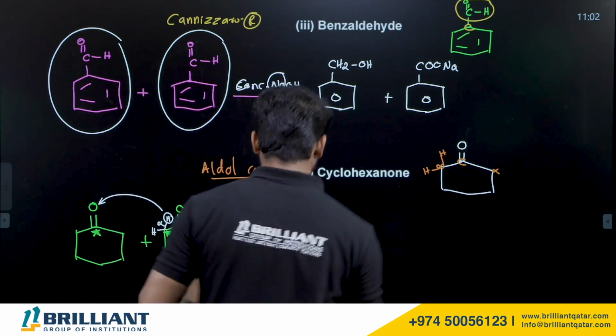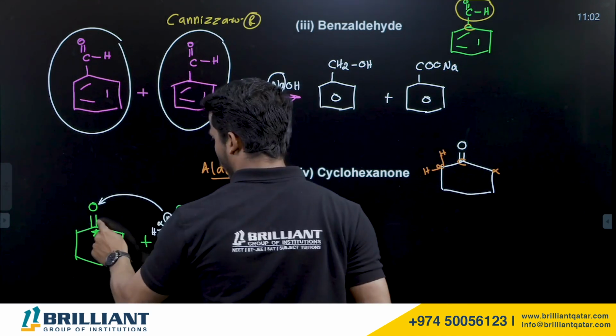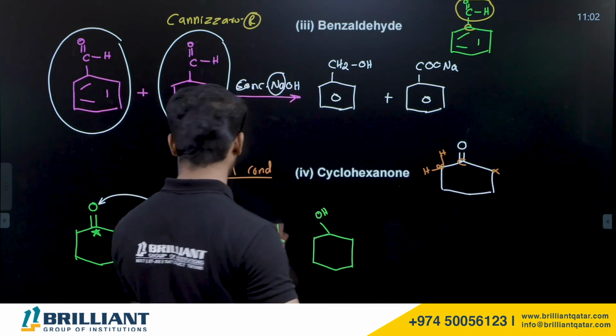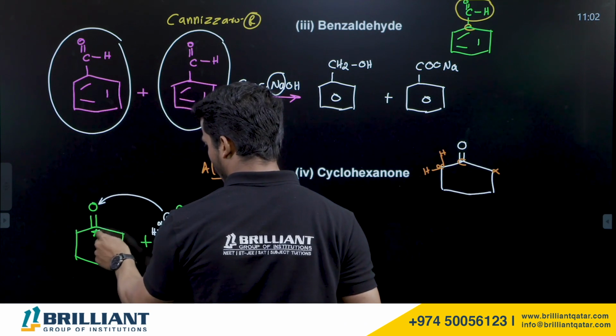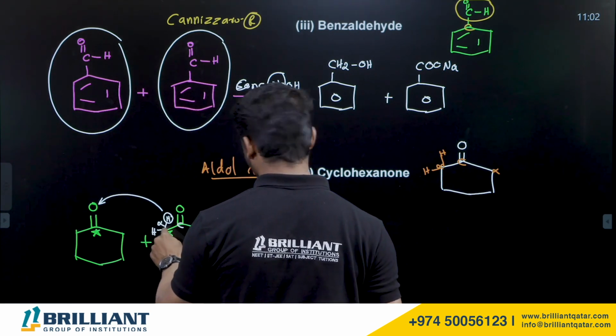Okay, now I'm going to draw the final structure. Let me draw this cyclohexane ring first of all. Ready? And I told you this O changes to what? OH. Alright, O changes to OH. On this carbon, this carbon is connected.